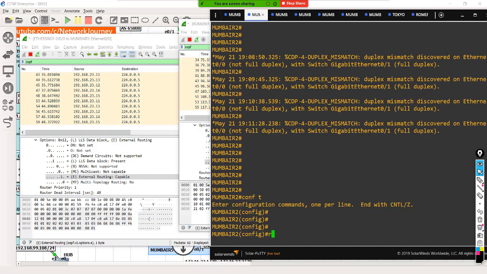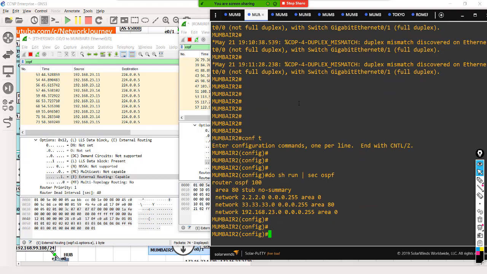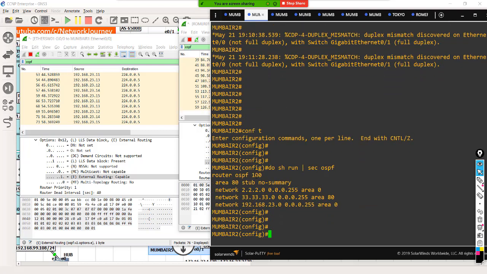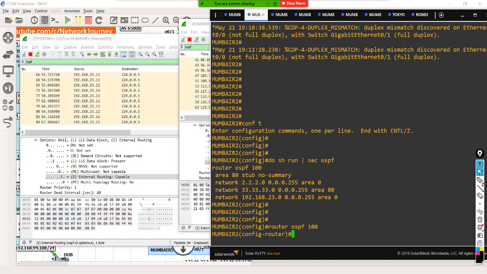So let's go to one of the routers of area 1. It's on process 100. This is the reason to make use of a unique, consistent process ID. Just keep it one.